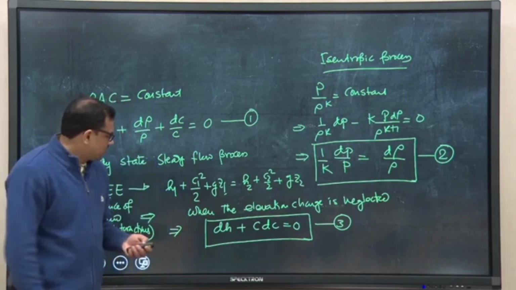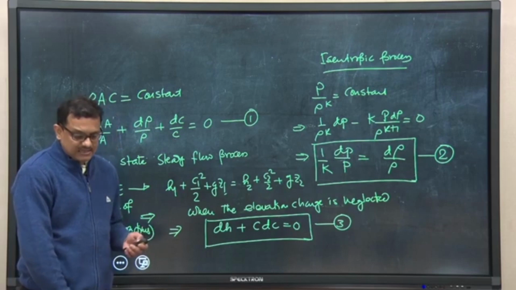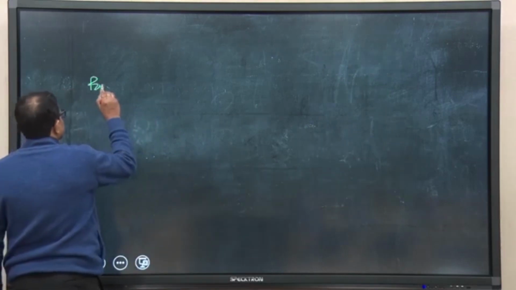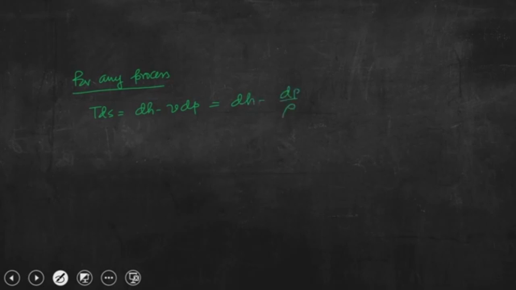Now, what we can next do is write the property relation. For any process we can write this property relation TdS is equal to dH minus VdP, right, that is equal to dH minus dP by rho.